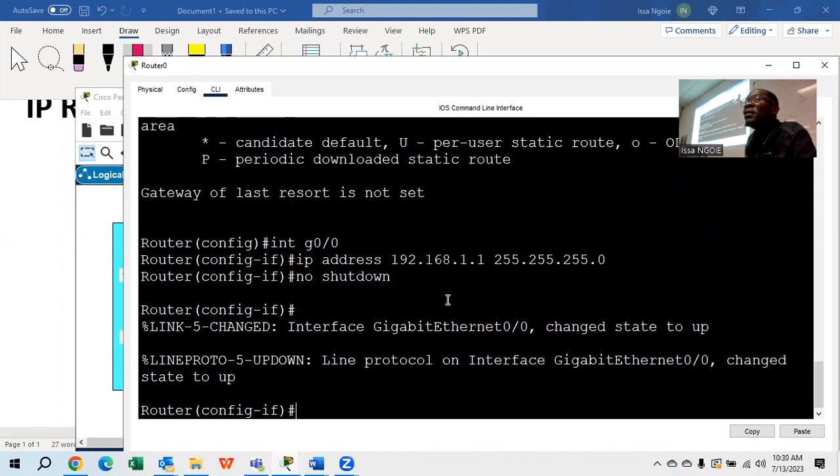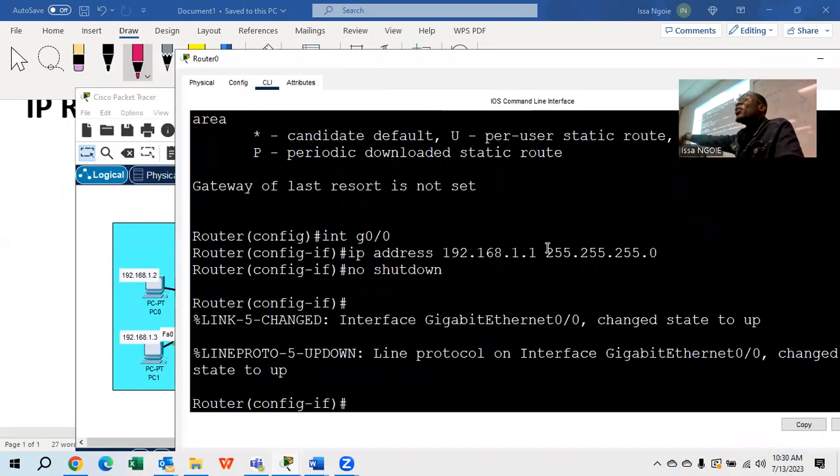Now, you are done, right? Remember the rule says that for a network to be added to the routing table, that interface must be up and the IP must be given. So logically, this connected network, this blue network, must already be in the routing table. Let's verify it. Do show ip route.